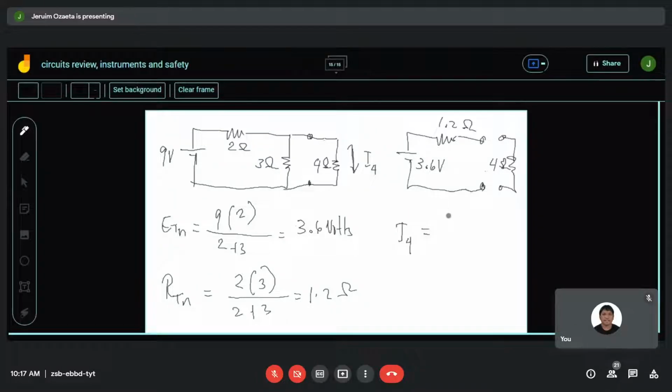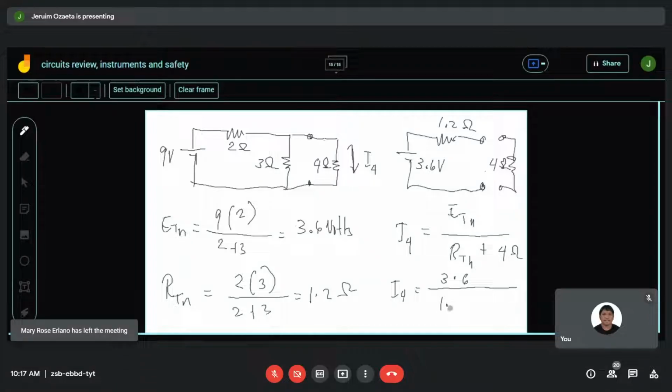So current I sub 4 equals E Thevenin over R Thevenin plus 4 ohms. Okay, so you have I sub 4 equals 3.6 over 1.2 plus 4 ohms.